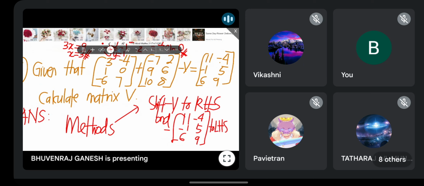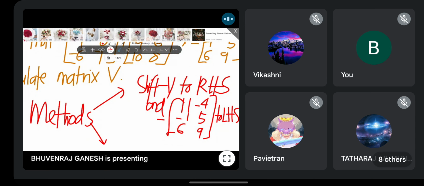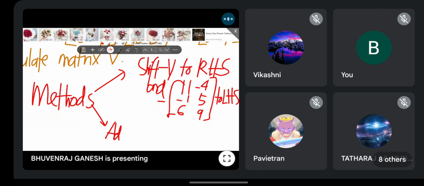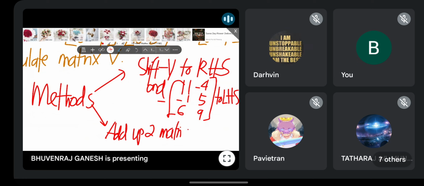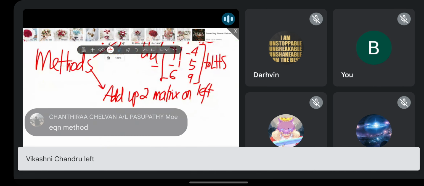This is the first method. You shift the matrix V to the right, the one on the right you bring it to the left, then you will find out the V. Second method, you add up the two matrices on the left, and then you shift it to the right hand side.